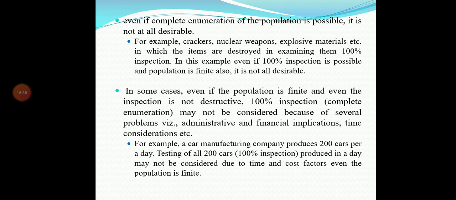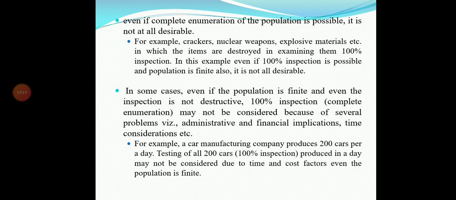In these examples, even if 100% inspection is possible and the population is finite, even if complete enumeration is possible, it is not at all desirable, because the items will be finished after inspection. If you want to inspect crackers, there will be no crackers.